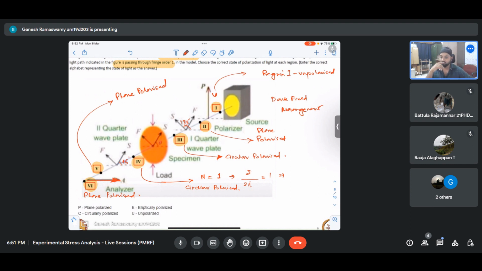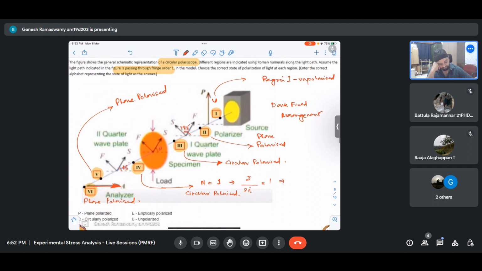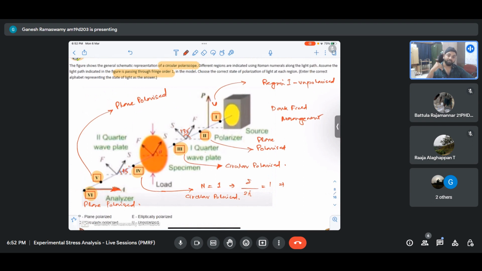Essentially, this is just an amalgamation of what we have discussed so far. First, the light is unpolarized. Then, in order to have control over it, we introduced a polarizer, and we had an analyzer and a model in between. But it was giving two types of fringes: one because of retardation, and one because of directional dependence. So, in order to eliminate that directional dependence, we brought in quarter wave plates, and we have kept them crossed so as to minimize the error.